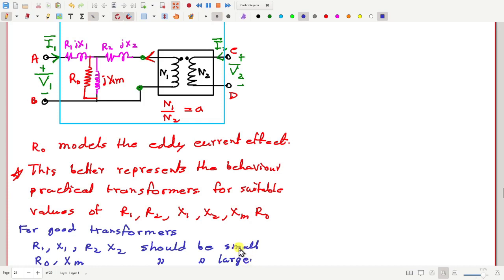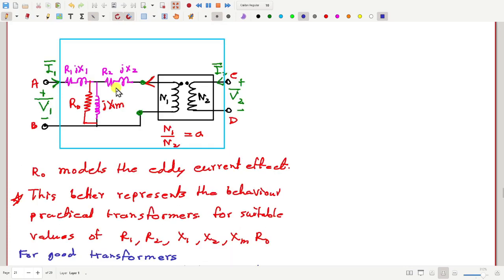Practically, R1, R2 may be just a fraction of an ohm, whereas R0, XM may be hundreds or thousands of ohms.